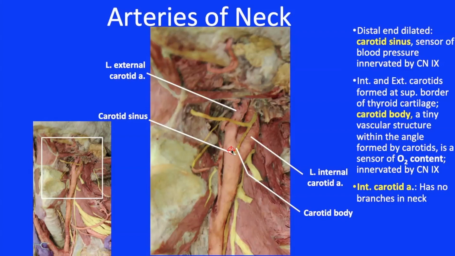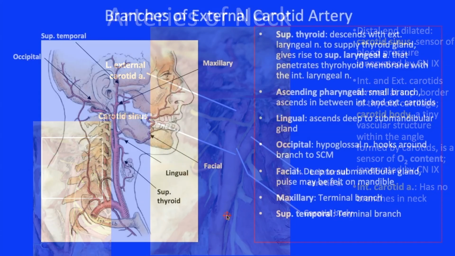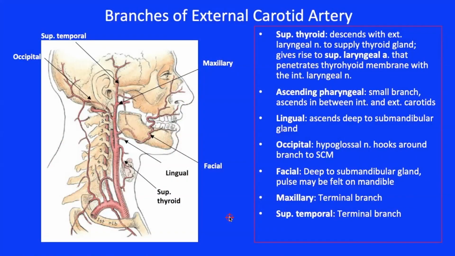In contrast, the external carotid artery will send numerous arterial branches to the neck. And the branches emerging from the external carotid artery in the neck are demonstrated in this slide. I will not describe them here, but you are responsible for learning their names and the route they take to their final destinations.